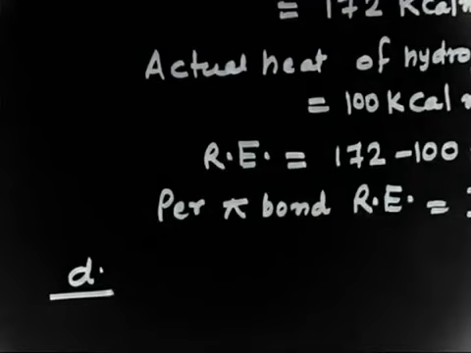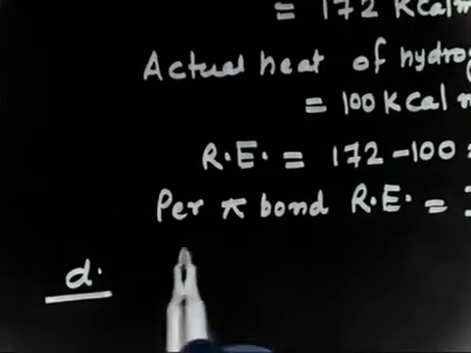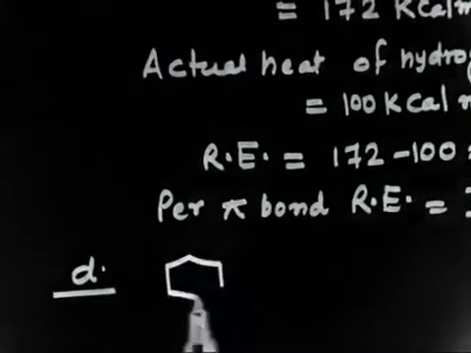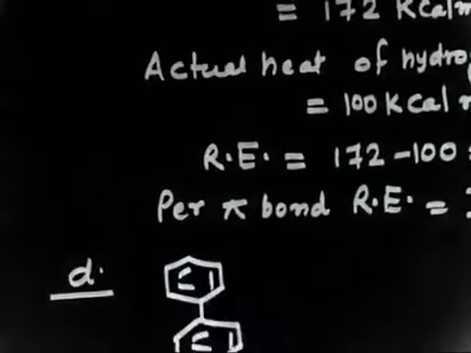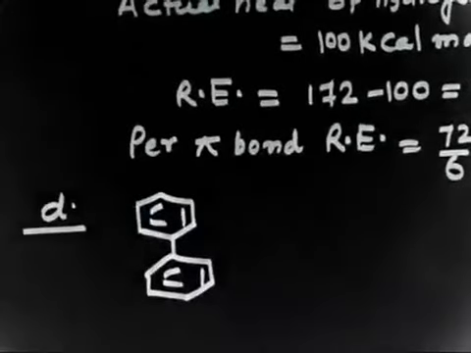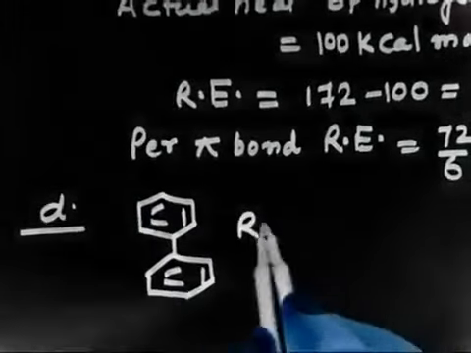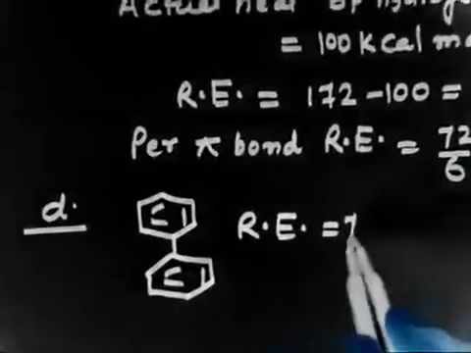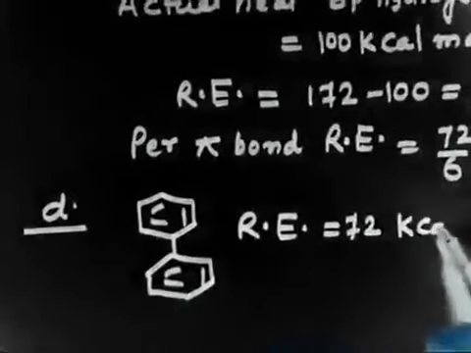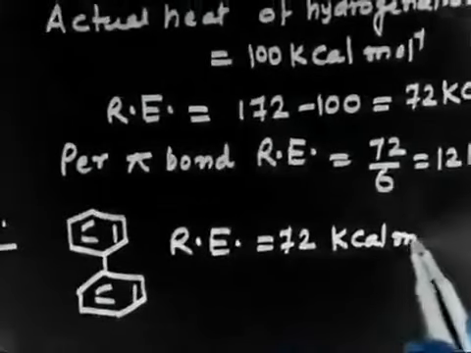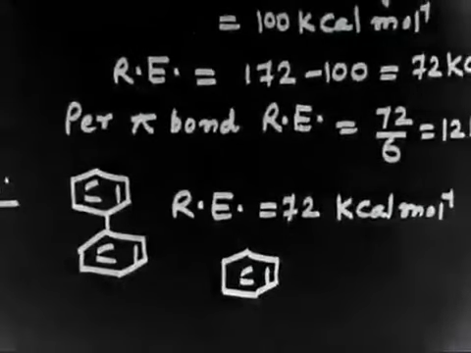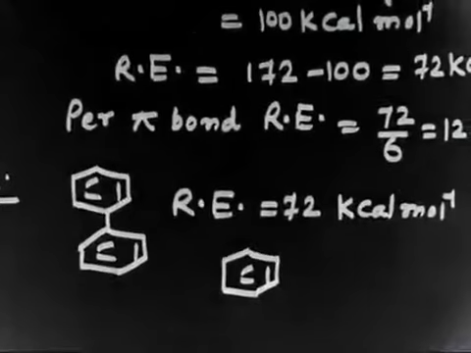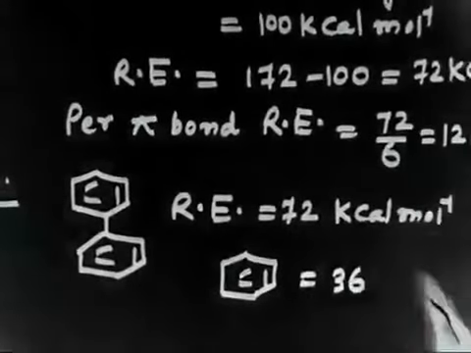So let us first compare with 2 benzene rings. For biphenyl, the resonance energy we have already calculated, that is 72 kilocalorie per mole. Now for benzene, the resonance energy is 36 kilocalorie per mole.